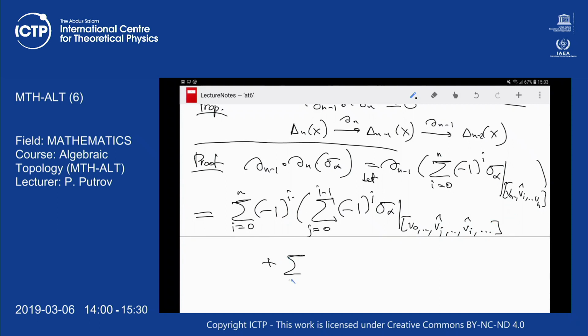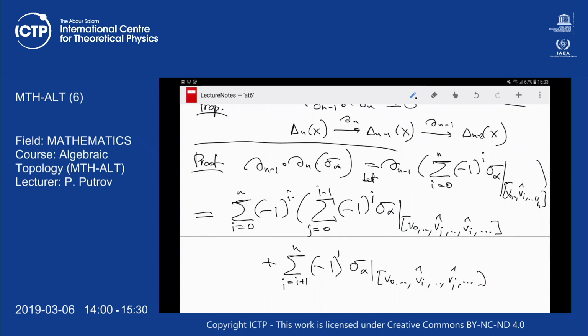And then there will be a part where j goes from i plus 1 to n, where we remove a vertex which is later than vertex i.